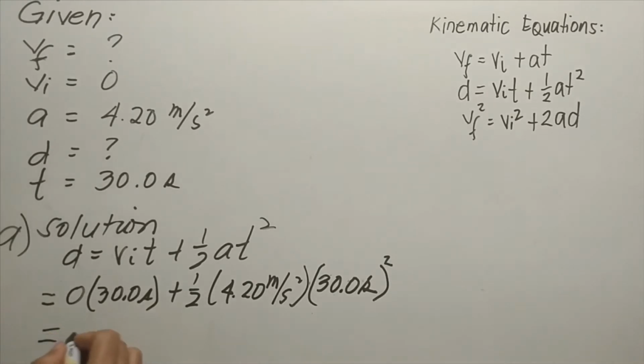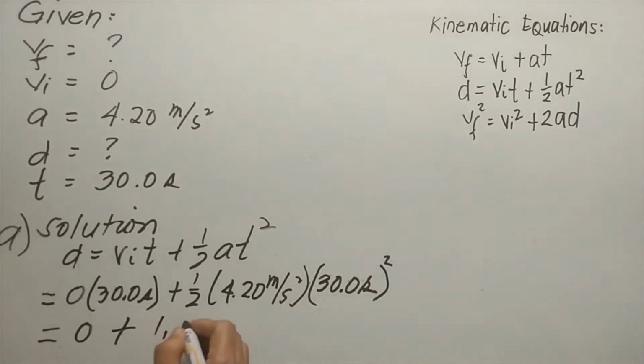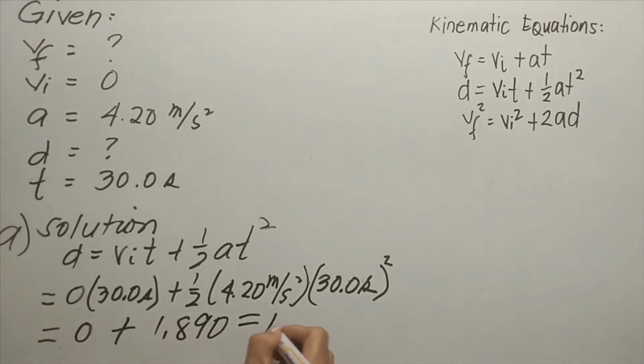So this will be 0 plus 1/2 times 4.20 times 30 squared will give us a value of 1,890. So therefore, our answer will be 1,890 meters.